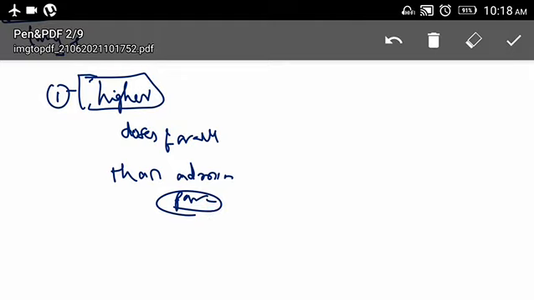Clear? Now the second point is that first pass metabolism has inter-individual variation.